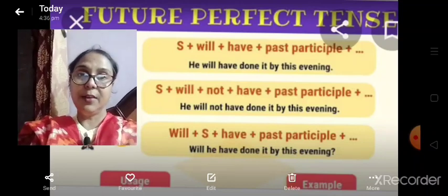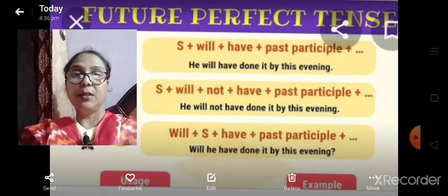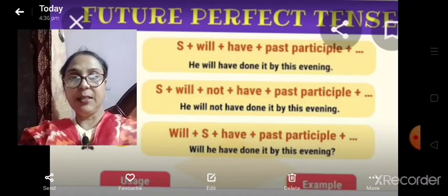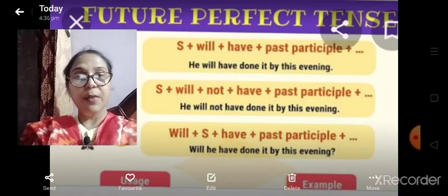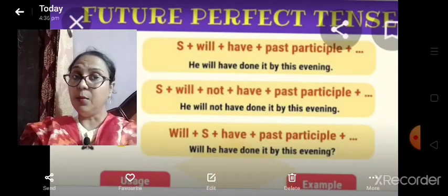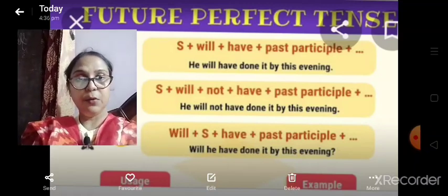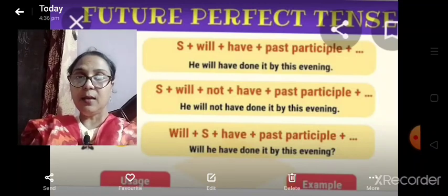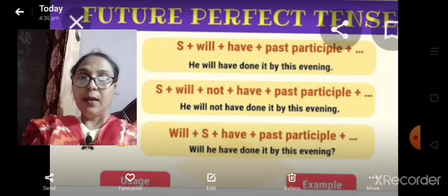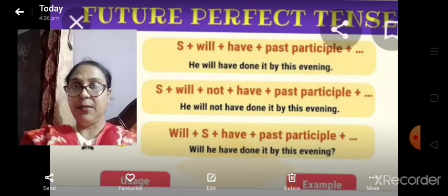So children, all of you just remember this, because in all the perfect tenses, in future perfect tense also, we are supposed to use the third form of the verb. First of all, the formation of future perfect tense is subject, then will, then have, then past participle.